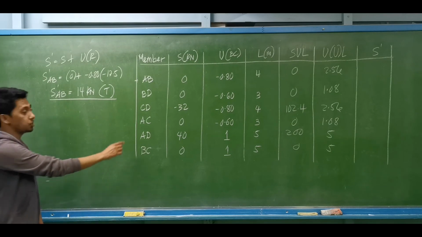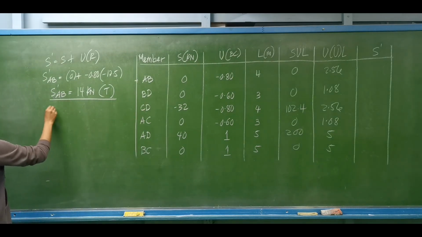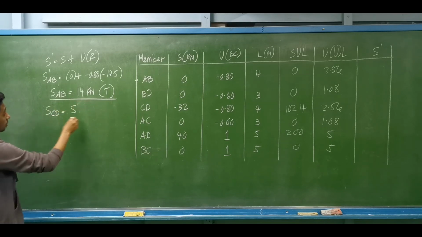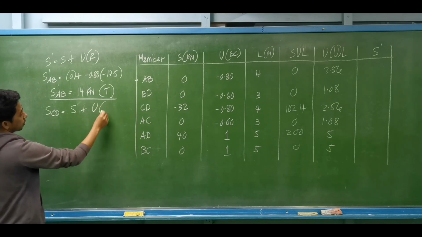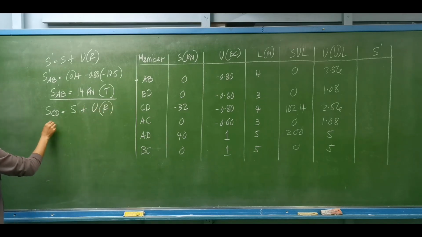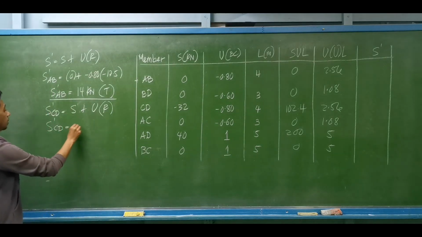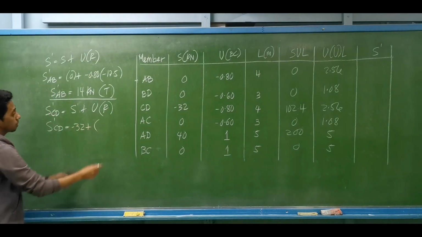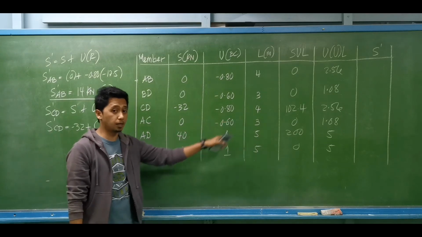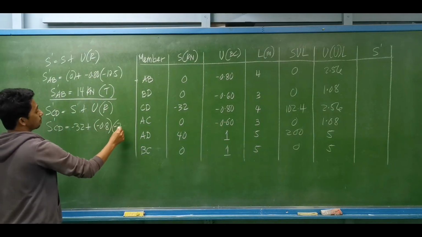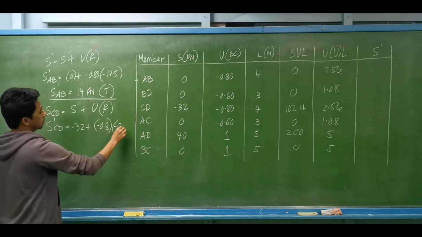How about CD? The actual force for member CD is equal to the actual force due to real load plus the actual force due to unit load times the redundant. The bar force for member CD is negative 32, plus the corresponding unit load for CD, negative 0.8, multiplied by the redundant, negative 17.5.